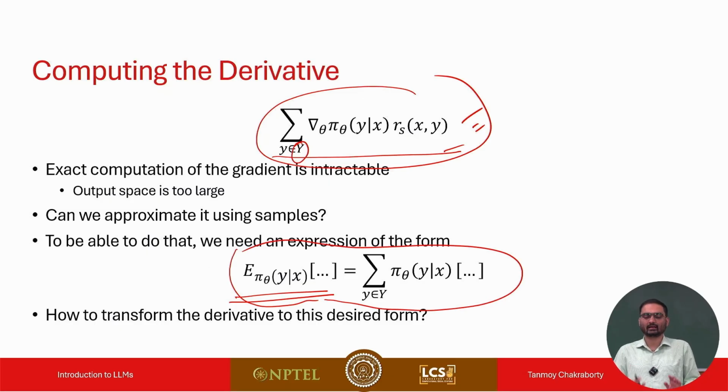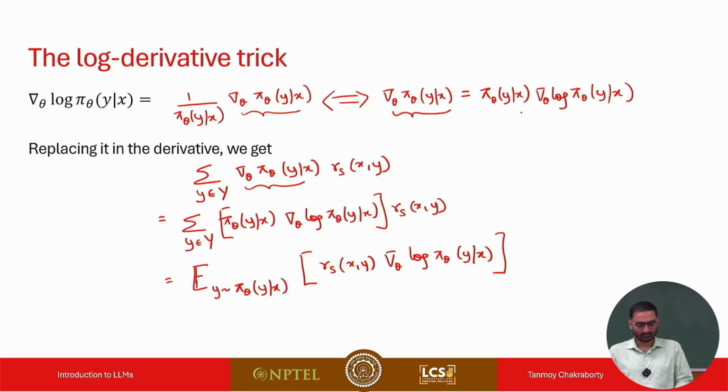What would be the exact expectation formulation, we will discuss. This is the desired form that we want to produce from this equation. Don't worry about all these equations, this is very straightforward. I will explain these equations one by one.